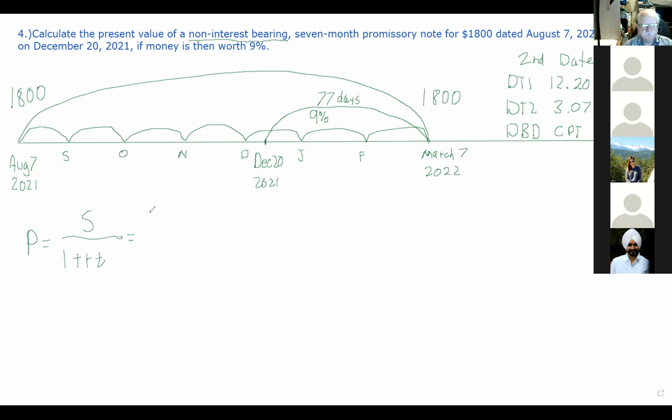And we know the future value of this thing is 1,800. 1 plus 9% times 77 over 365. So it looks like it's time for me to have another sip of my tea.